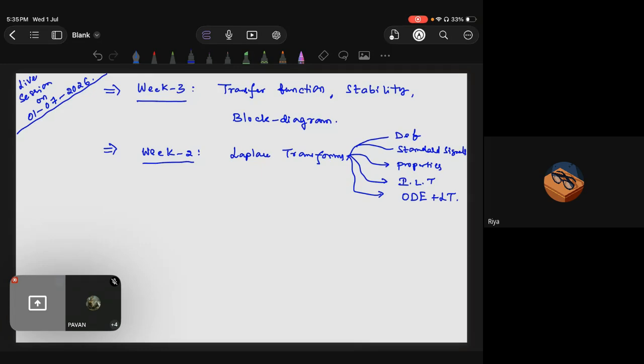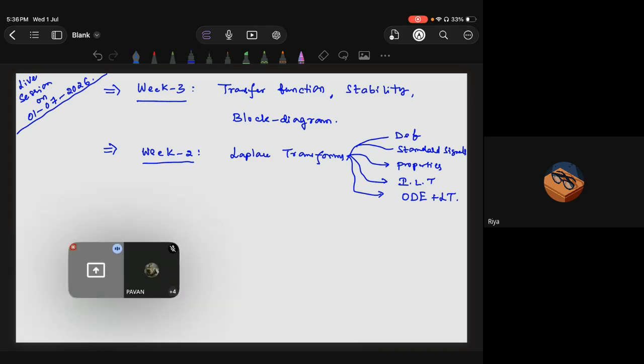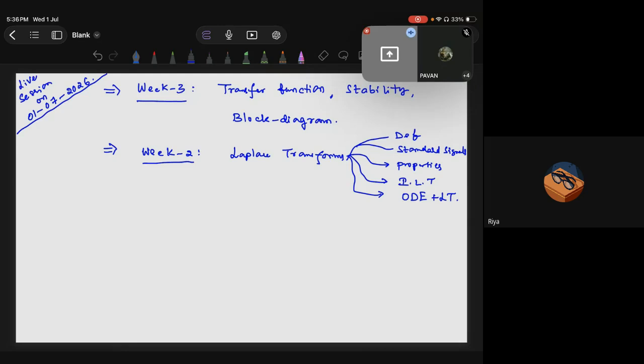Now we are slightly shifting to the core concepts of control systems in week 3. Mostly we will use the Laplace transforms covered in week 2. If you go back and see the previous example, the series RLC circuit example I explained in week 1.